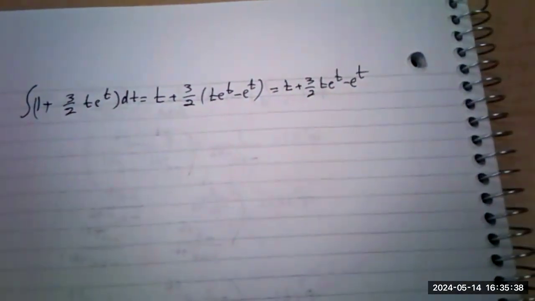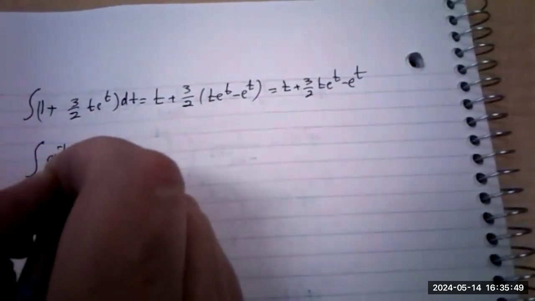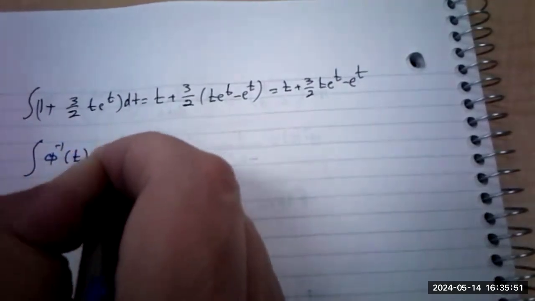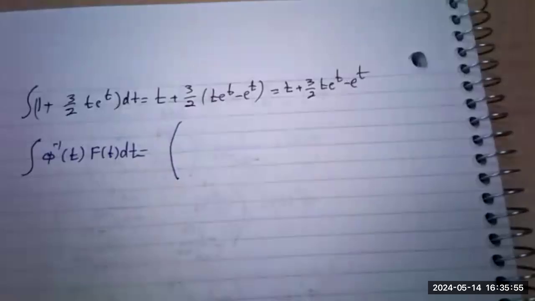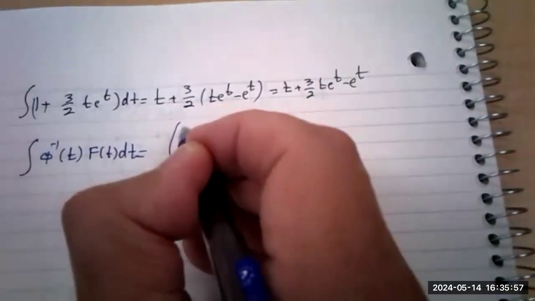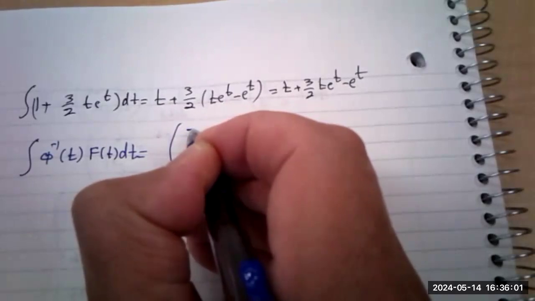Okay, so we put them together. Basically this is going to be the integral of phi inverse of t, f of t, dt. So if you put them together, this is the final answer. Those integrations that we did, I write it down, we can check it.